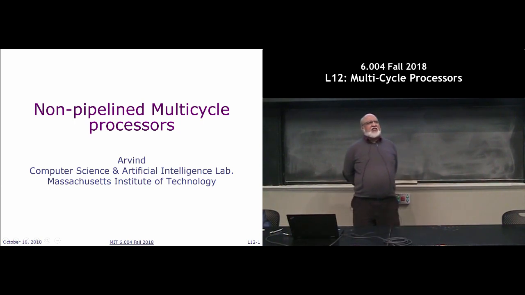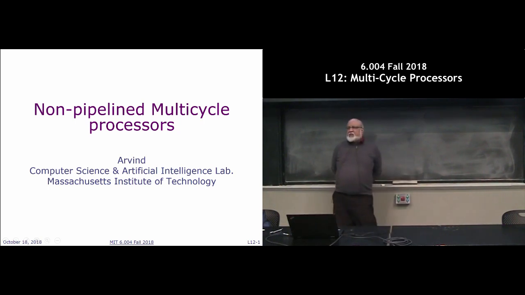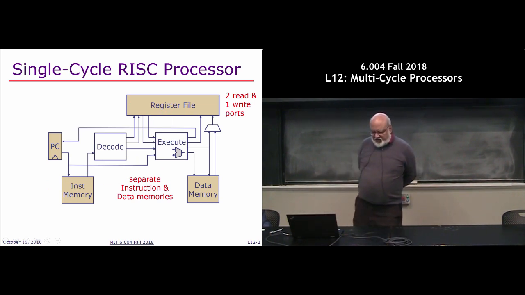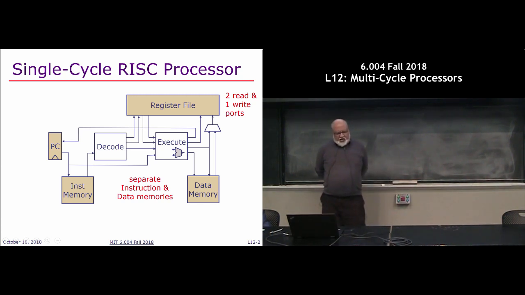All right, so let's get on with these non-pipeline multi-cycle processors. This is what we saw last time. We have a very simple system with a PC, an instruction memory, a data memory and a register file. These are the main stateful elements in our processor.